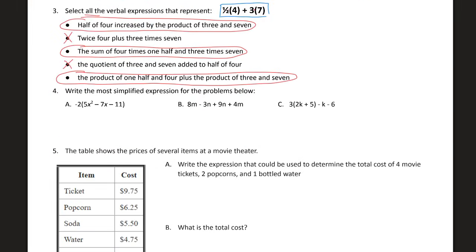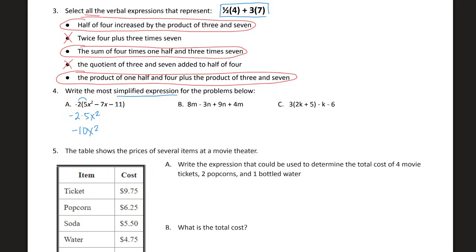All right, question number 4 is asking us to write the most simplified expression. So remember, when we simplify an expression, we distribute and then we combine like terms if they have them. So if we look at A, I see parentheses and a number outside the parentheses, which means I'm going to be distributing. So I'm going to do negative 2 times 5x squared, which is going to be negative 10x squared.